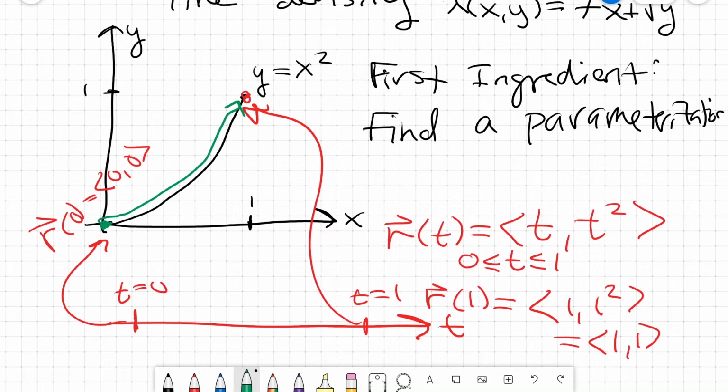And you might be thinking, well, is there a specific way to find parameterizations? Honestly, it takes creativity, but also a lot of practice. With experience, you'll be able to look at different lines and shapes and find the simplest and most appropriate parameterization. So keep practicing. For this very specific example, I noticed that the curve was parabolic with y equal to x squared.